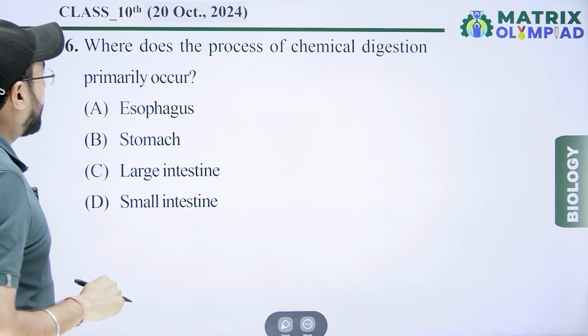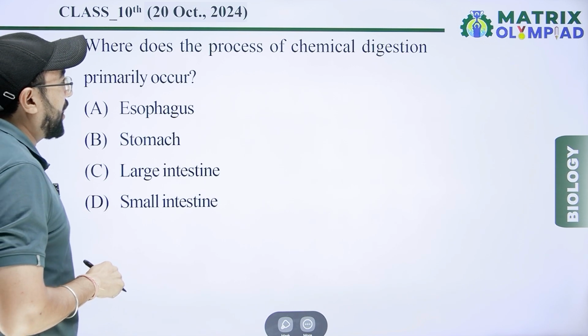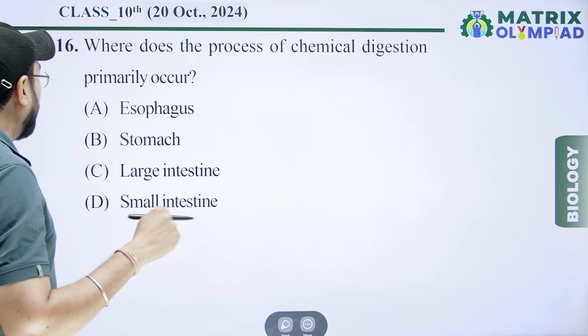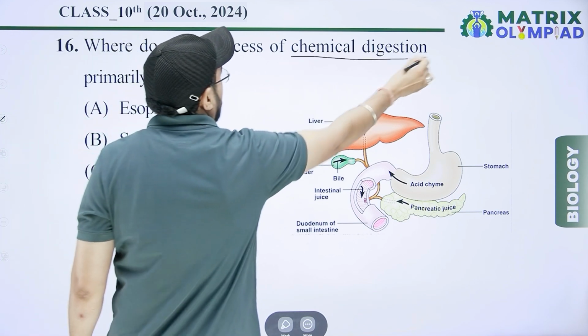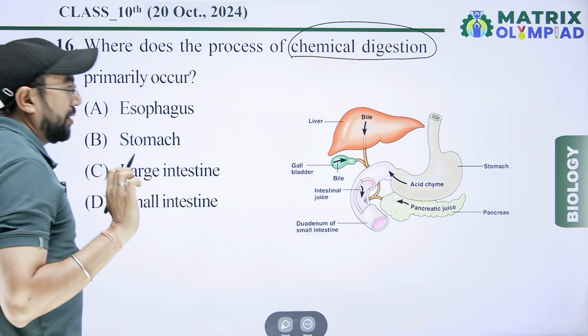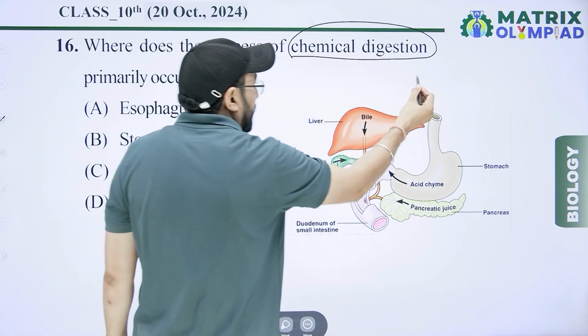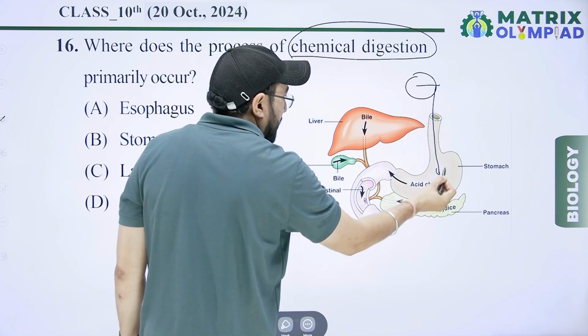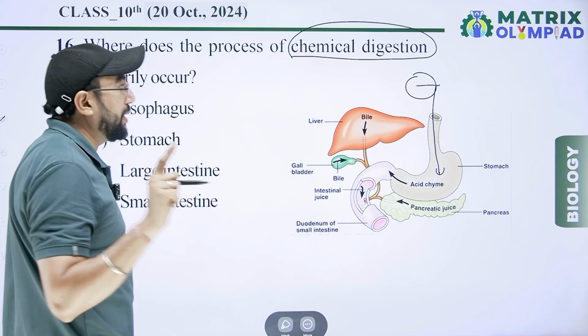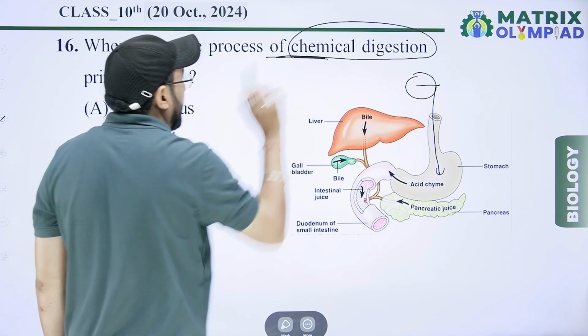Next, where does the process of chemical digestion primarily occur? Complete chemical digestion starts from the mouth with amylase, then the stomach, but completely chemical digestion happens elsewhere.